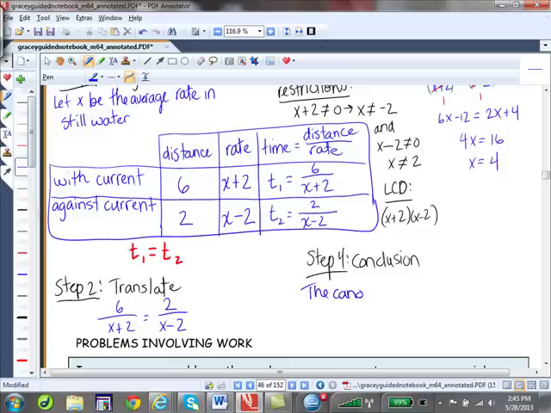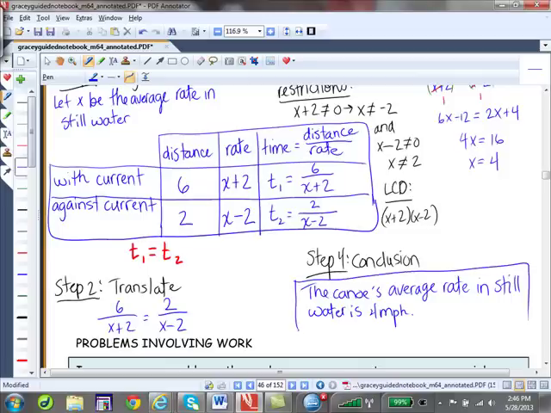The canoe's average rate in still water is 4 miles per hour. And we're done. All right.